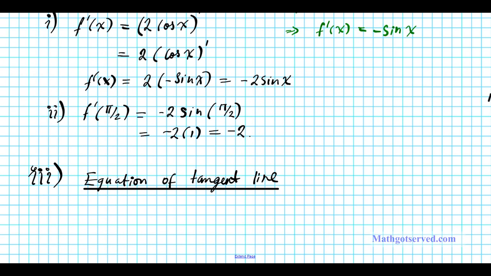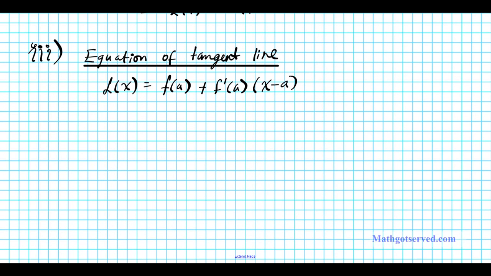I'm going to call L of x my tangent function. L of x equals f of a plus f prime of a times x minus a. This is just an advanced variation of the formula you already learned in Algebra 1, which is y equals y1 plus m times x minus x1.